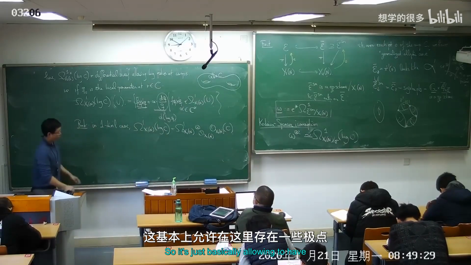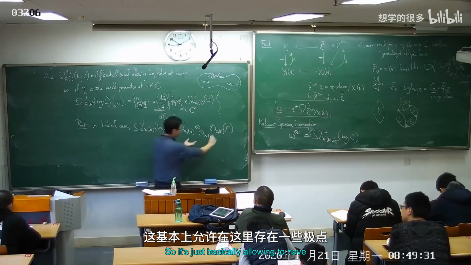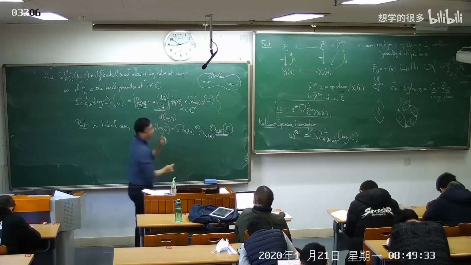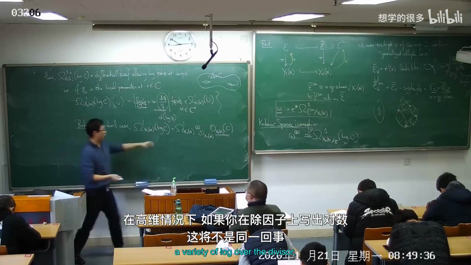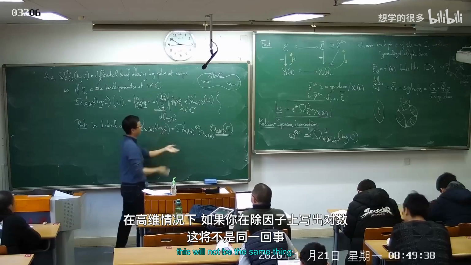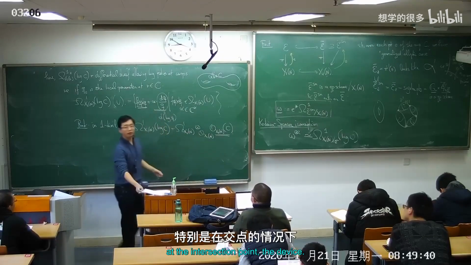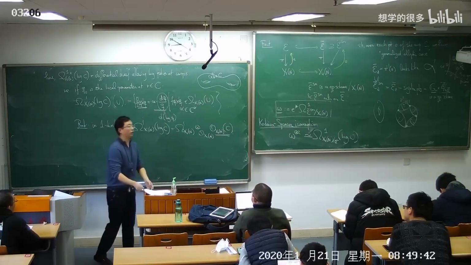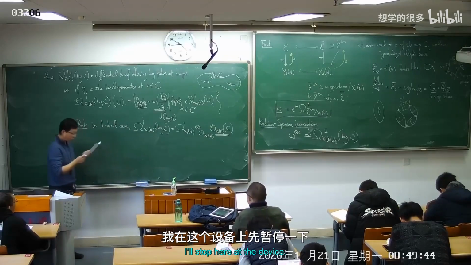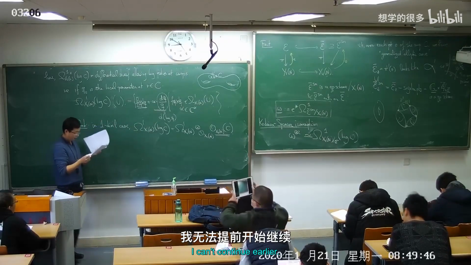So it's just basically allowing to have some pole here. But in the higher dimensional case, if you write a variety and log of a divisor, this will not be the same thing as this, especially at the intersection points of the divisor. Okay, I'll stop here and then continue afterwards.